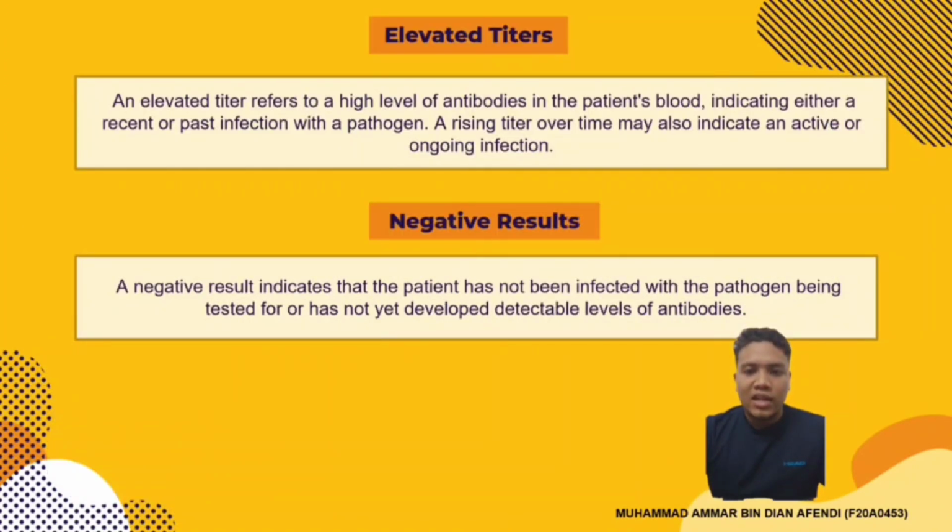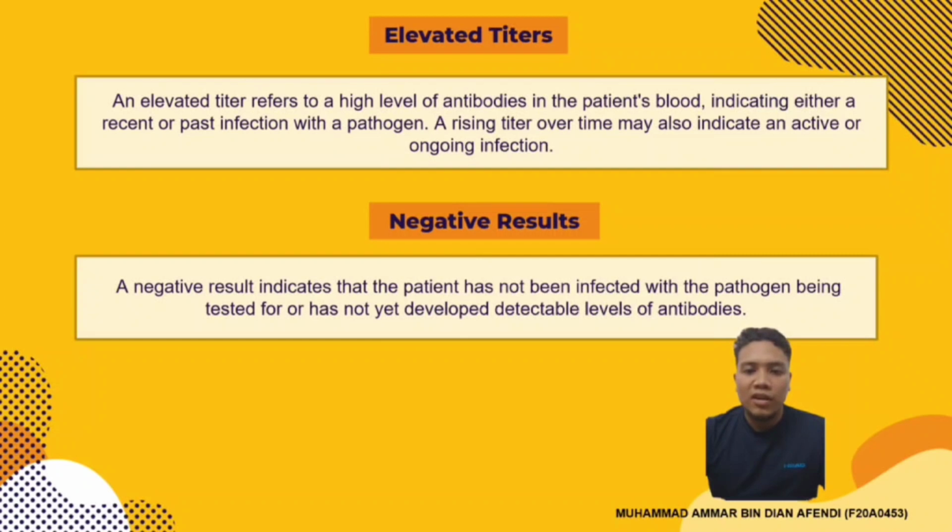Elevated titers. Elevated titers refer to high levels of antibodies in the patient's blood, indicating a risk of past infection with a pathogen. A rising titer over time may also indicate an active or ongoing infection.